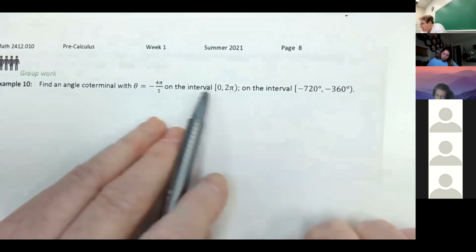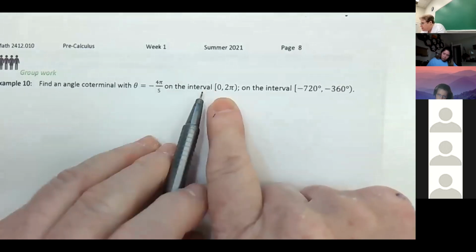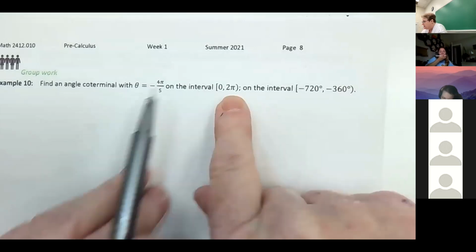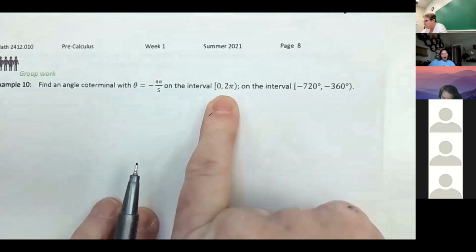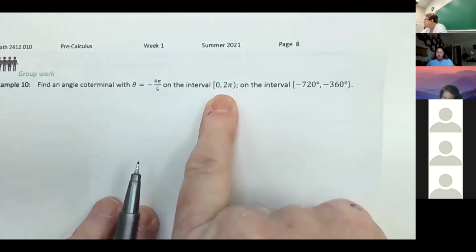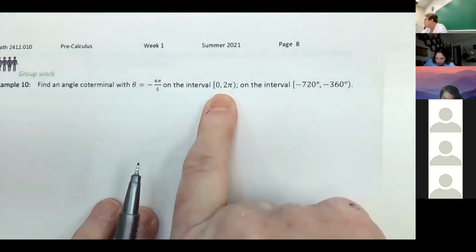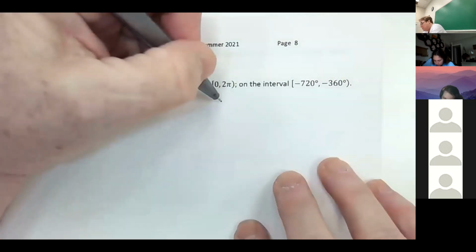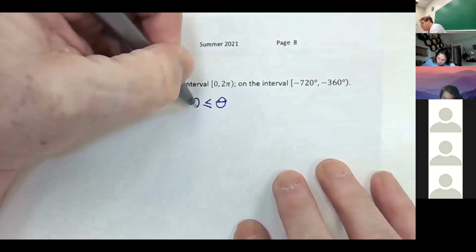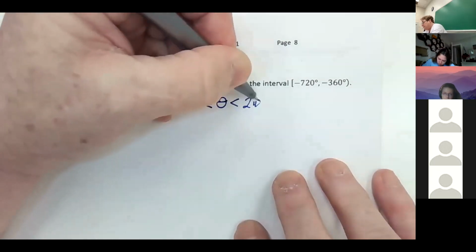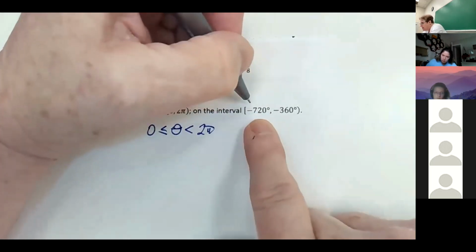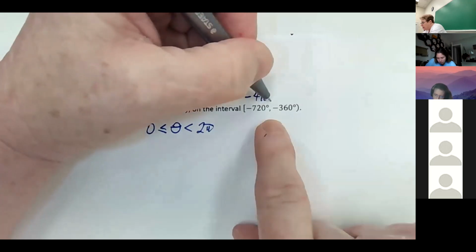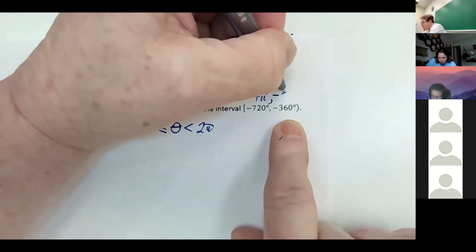So tell me what this interval means. I've got square bracket 0, comma 2 pi with a parenthesis. Excellent. And I should have written this one as negative 4 pi up to negative 2 pi.